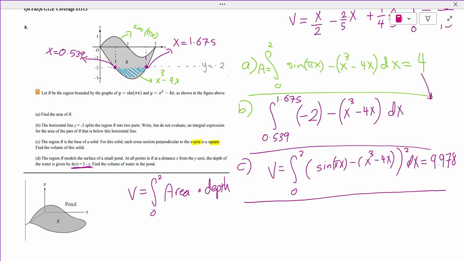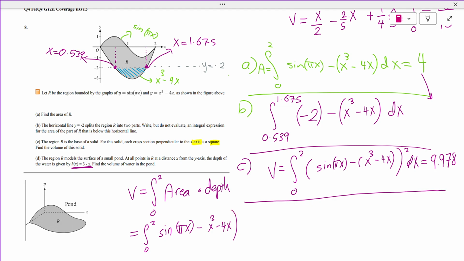And the area we just used in part A, so this is going to be the integral from 0 to 2 of sine of pi x minus x cubed minus 4x.